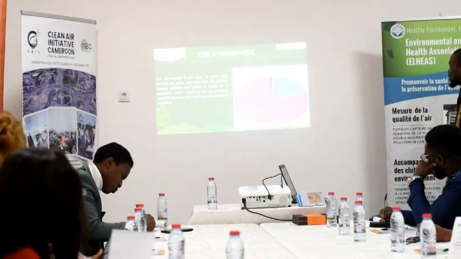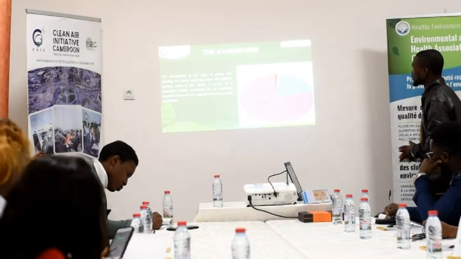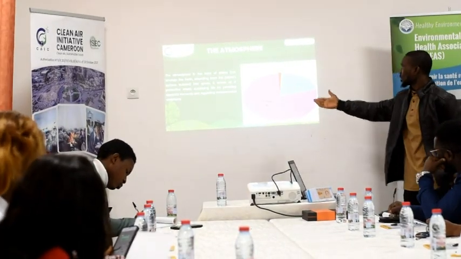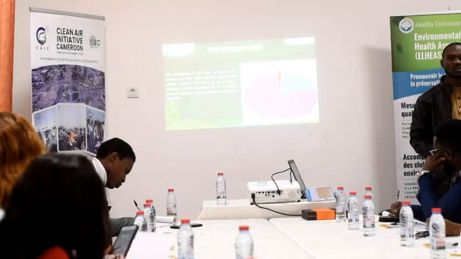Okay, we are talking of a change in physical, chemical, or biological components. What exactly is clean air made of? We see that it's made up of 78% nitrogen, followed by oxygen at 21%.